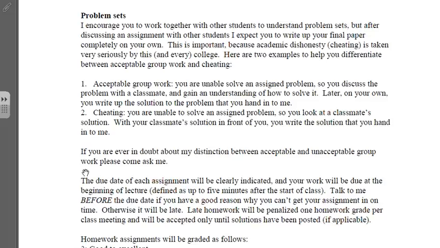If you get them in after that, then there might be a little delay in getting them back graded. But other than that, I can be very flexible on due dates. Because I know for the most part you have other classes and stuff, and I can work with that.